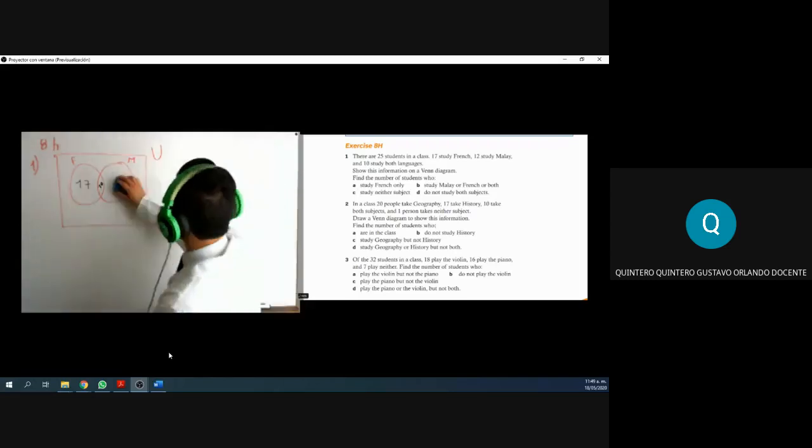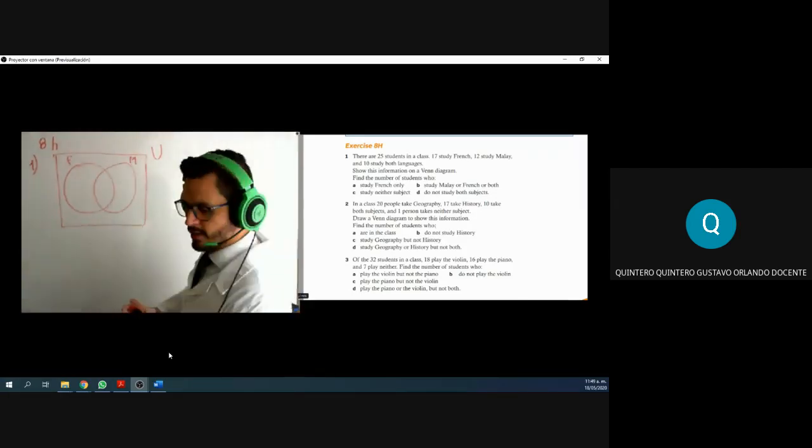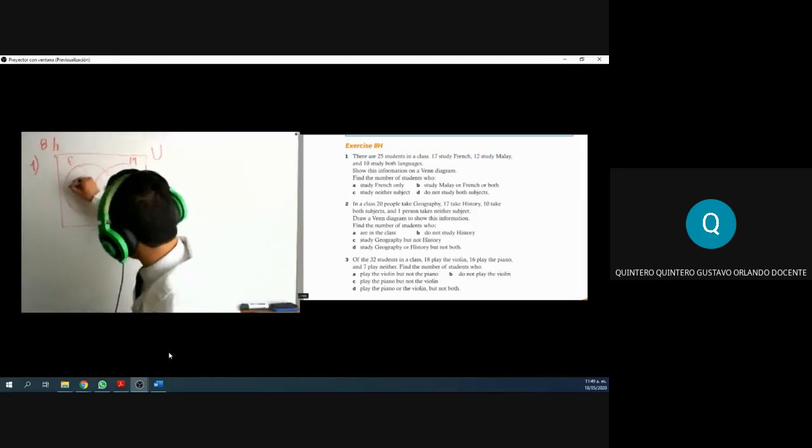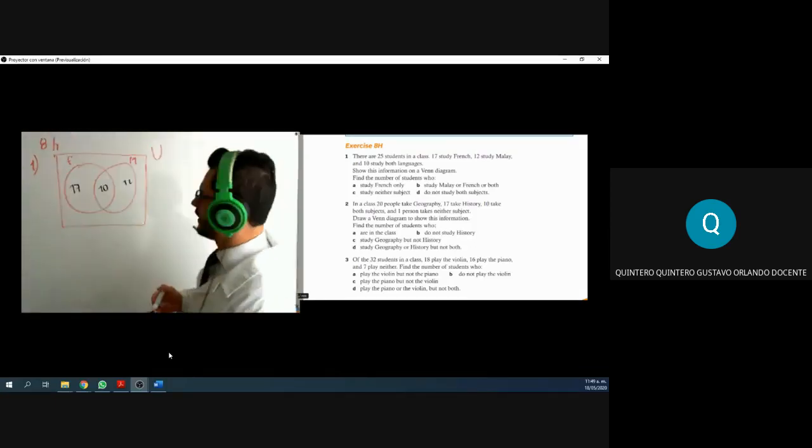Now, if you cannot see it, let me make these circles a little bit bigger. French and Malay, and then the universal set. So again, I was saying there was 17 here, 12 there, and then 10 in the middle.